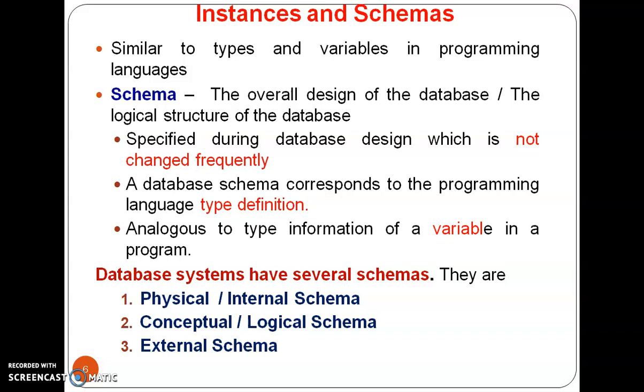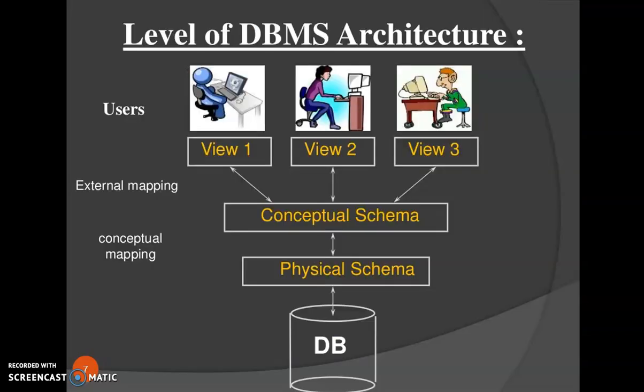And the database schema corresponds to the programming language type definition, which is similar to the variable type of the information that is a variable in a program. So we'll see the definitions for the three types of schema. Physical, otherwise called internal schema. The second one is conceptual or logical schema. The third one is external schema.